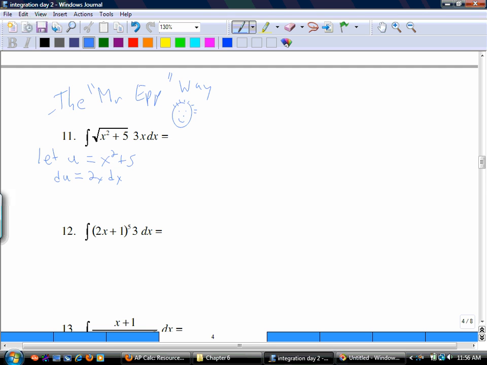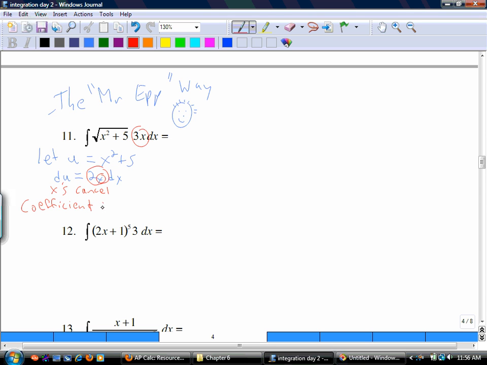Basically, this way I'm not going to put the dx in. I'm just going to look and say, okay, I know that the x's cancel, because this whole term, the 2x and the 3x, the x's match. Look to see what matches. That's what cancels. You just have to keep in mind what the coefficient is going to be.